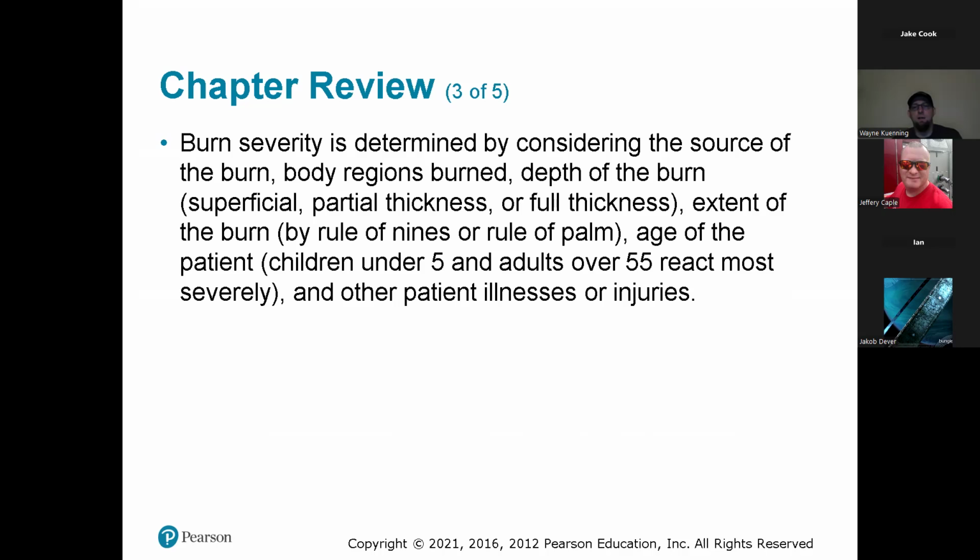Burn severity is determined by considering the source of the burn, the bodily regions burned, depth of the burn, extent of the burn, age of the patient. As I said before, kids and adults react more severely. And then if the patient has any other underlying illnesses or injuries.